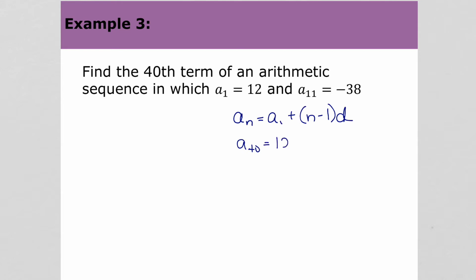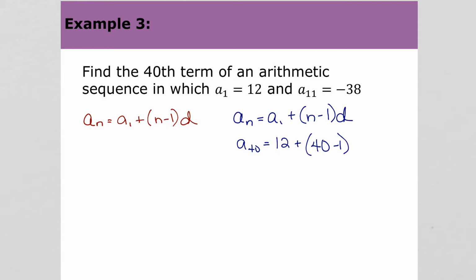So far we've got the first term and we've got n, but we don't have d. So we need to find d, and we can do that using our formula and the fact that we've got a sub 1 and a sub 11, and that'll allow us to find d.